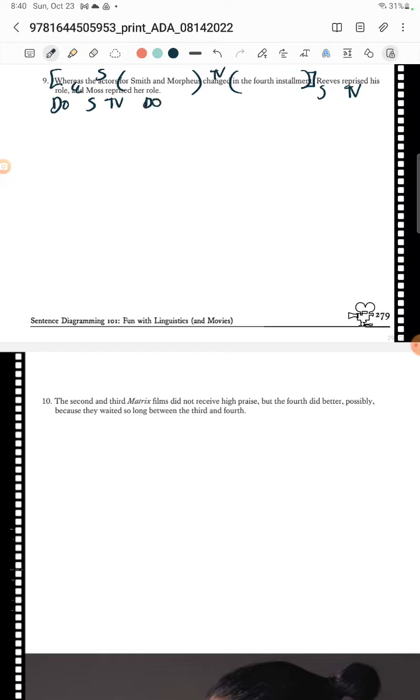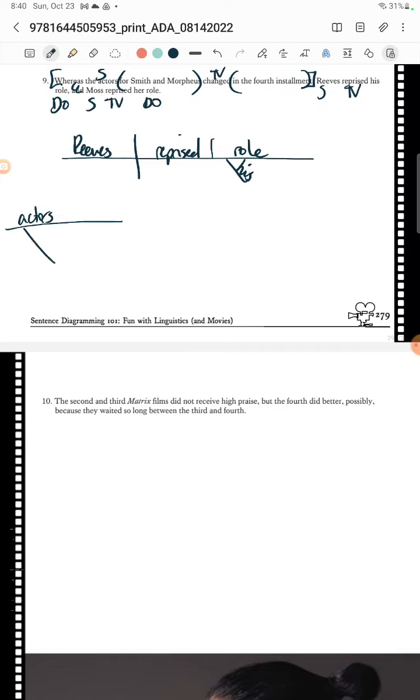Well, that's nice. Okay, so Reeves reprised his role, whereas the actors for Smith and Morpheus changed. So I'm going to have Reeves reprised role, his role. I'm going to throw the whereas off to the side. It's the actors, and it's the actors for, and then, oh, look at that, for Smith and Morpheus, because they were both super busy.